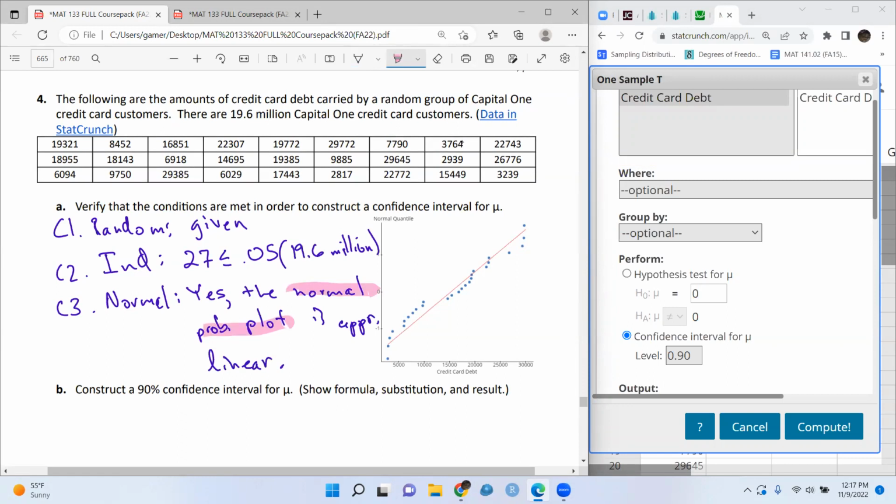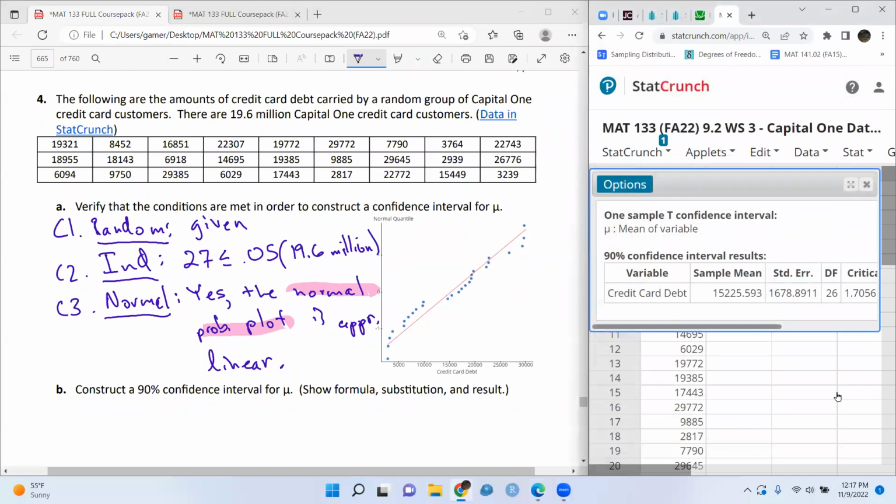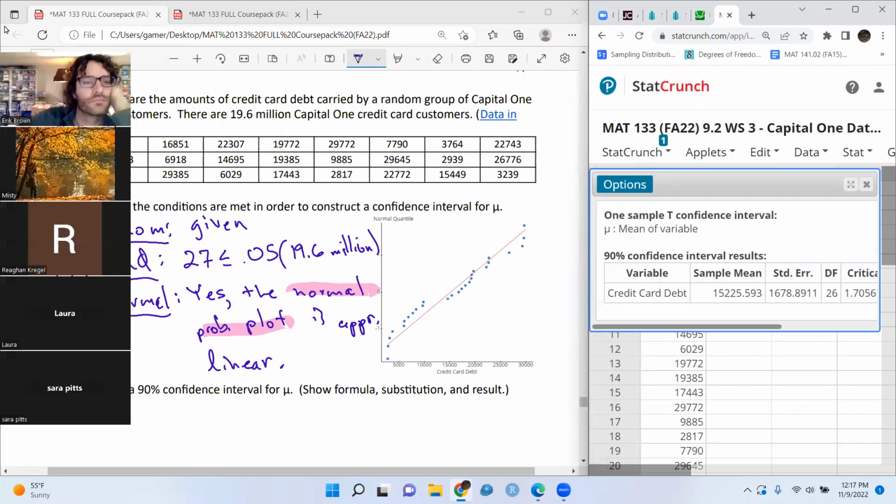Does that look like what y'all wrote for the normal probability plot or for the conditions? Nice. Okay.